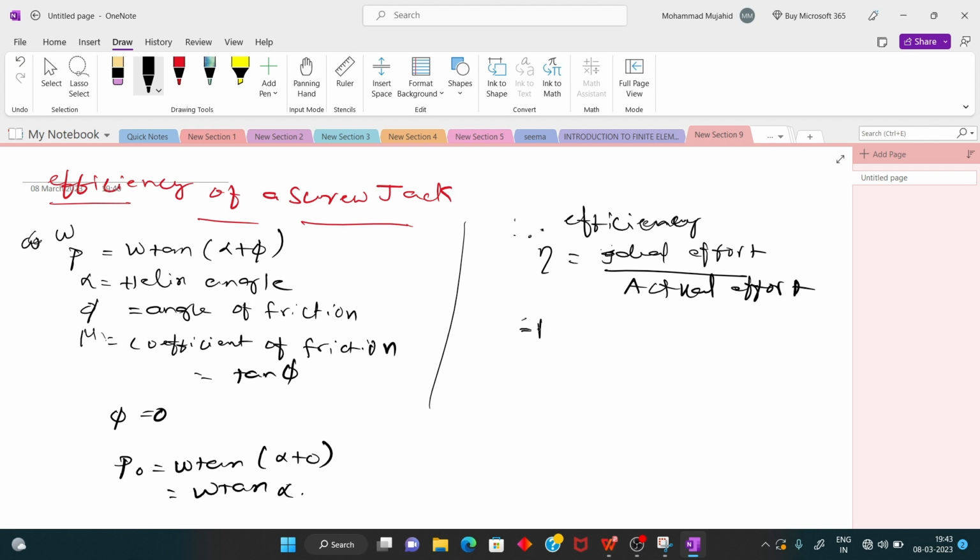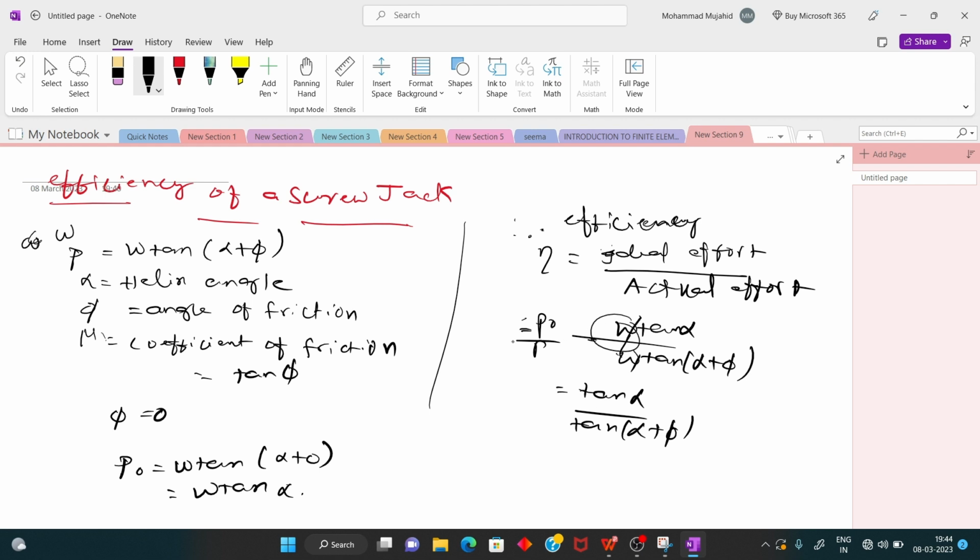So that will be P naught by P, W tan alpha by W tan of alpha plus phi. So you can cancel W, and that will be given as tan alpha by tan of alpha plus phi, which shows that the efficiency of a screw jack is independent of the load raised.